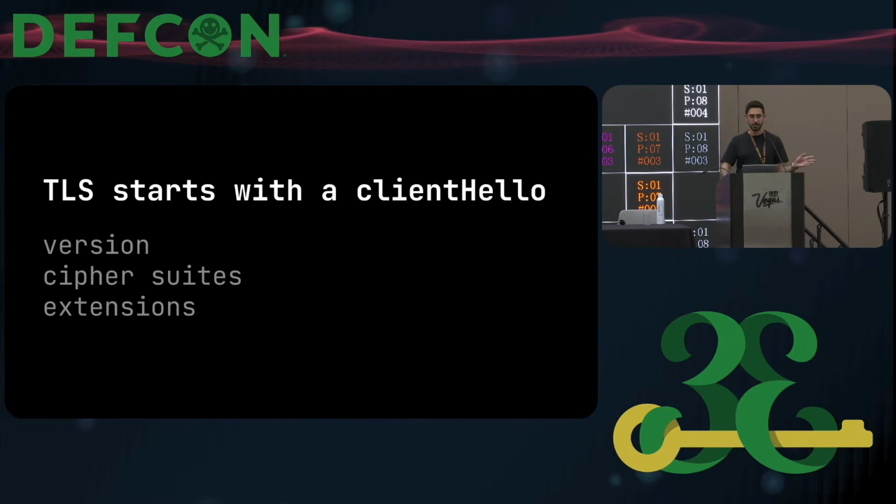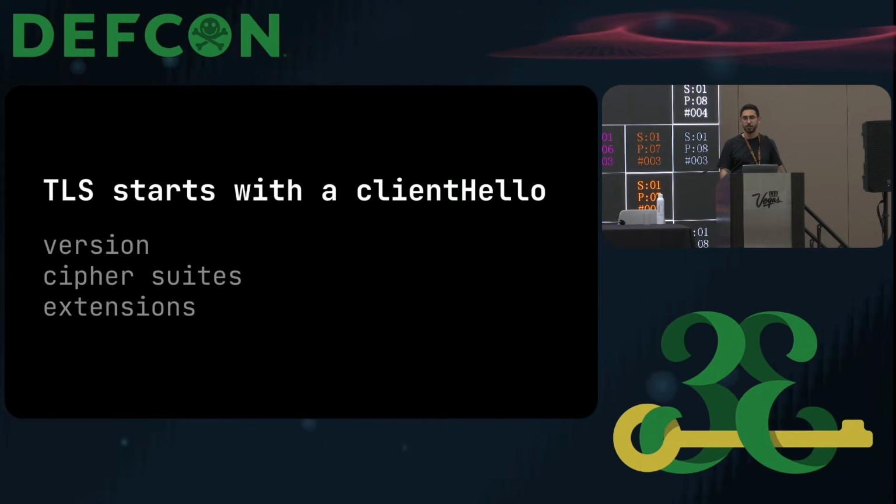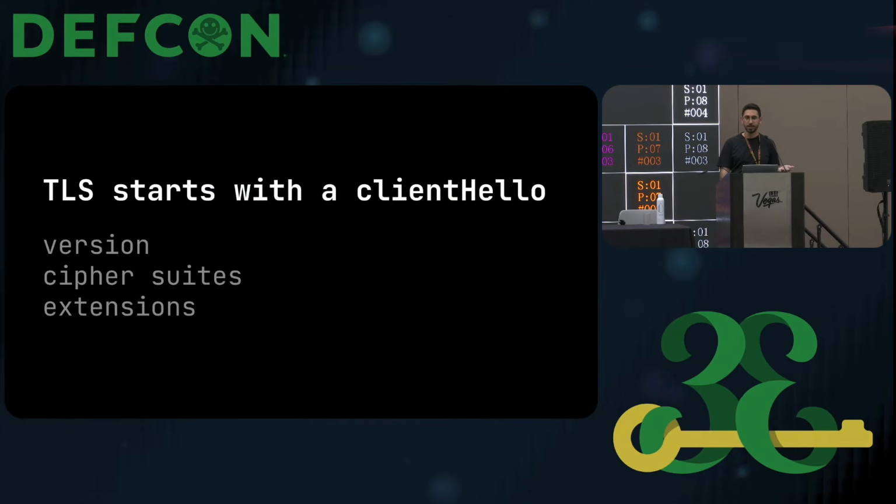These extensions and cipher suites usually come in a very specific order. Again, these depend on the underlying library that the client uses. For example, if Google Chrome uses BoringSSL and another tool uses the same version of BoringSSL on the same OS, you probably get the same fingerprints for both.